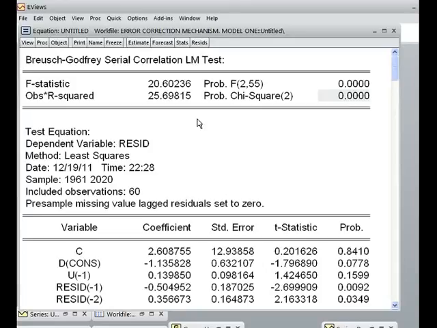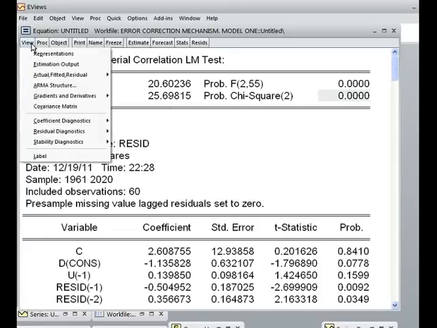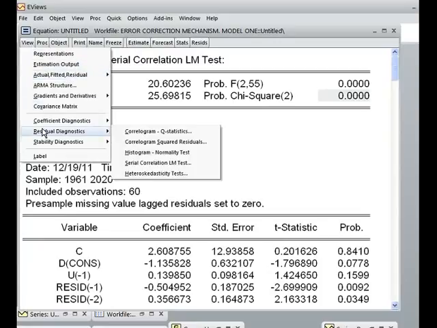Okay, then we check whether the residual is normally distributed or not. I check the normal distribution. Go to view, residual test, then test of normality. I click here.